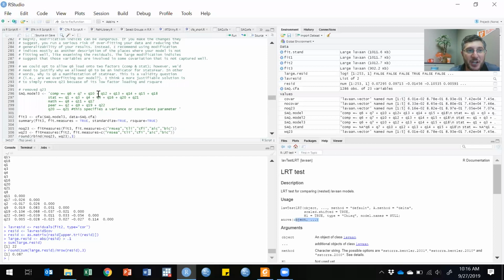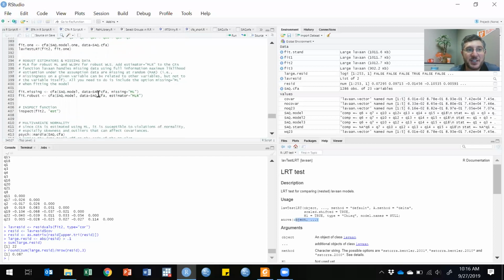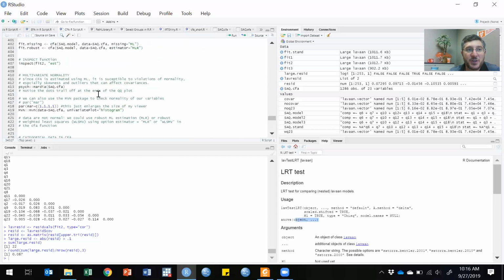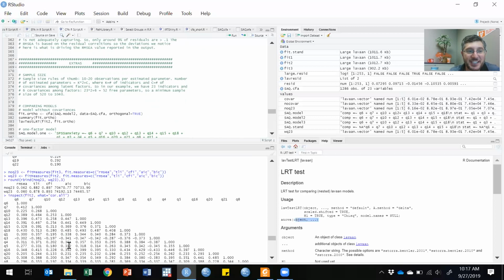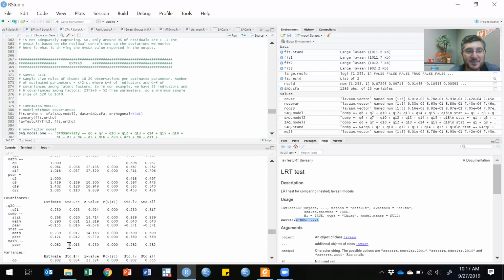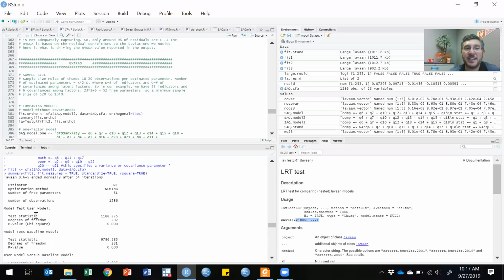Let's go up here. Where did I stop? I meant to change this. So comp stat, comp math, comp peer, stat math, stat peer, math peer. So that's 6, and then the number of indicators. That's where this came from.